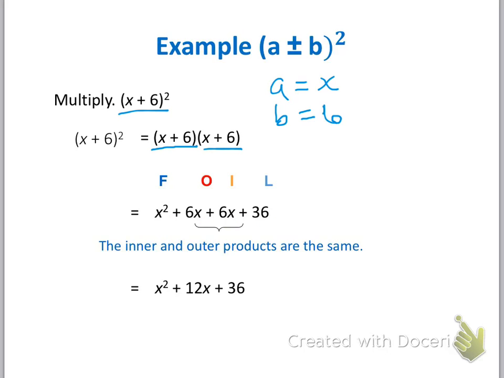Now what you'll notice is every time you just FOIL it, you end up with the first number squared, a squared, plus two sets of the same thing, that's x times 6 times 2, 2 times a times b, which gives you 12x, and then the second number squared. So that's the pattern and where it comes from.